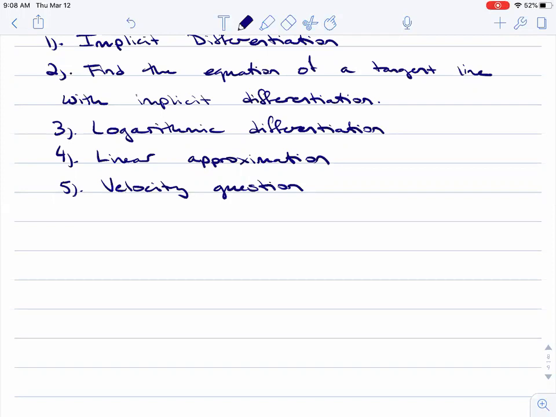What's the velocity at time equals 2 minutes? Remember that the velocity is the first derivative. You're not going to need it, but acceleration would be your second derivative. So we have to take the derivative of this thing to evaluate it. There's going to be a velocity question.